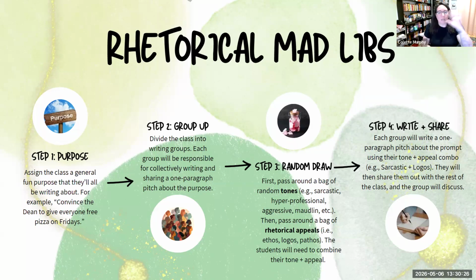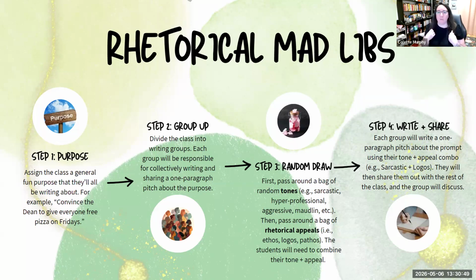We're going to assign the class a general fun purpose to write about. For example, convince the dean to give everyone free pizza on Fridays. If you were doing this in class, you might use groups. If you're using Canvas or some other LMS, you can group people out on discussion boards, or just assign everybody individually.